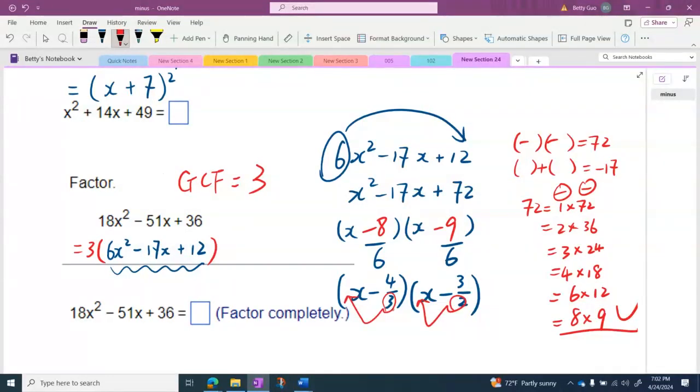And we have this one inside the parentheses. We have 3x minus 4 and 2x minus 3. And this is the final answer. Don't forget we have 3 in front. 3 times 3x minus 4, 2x minus 3.